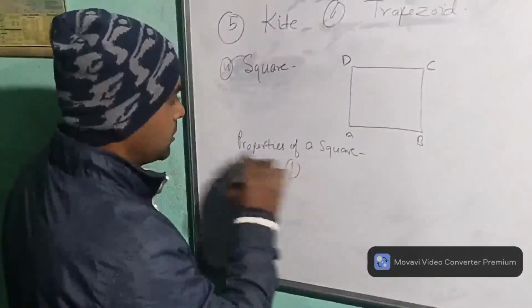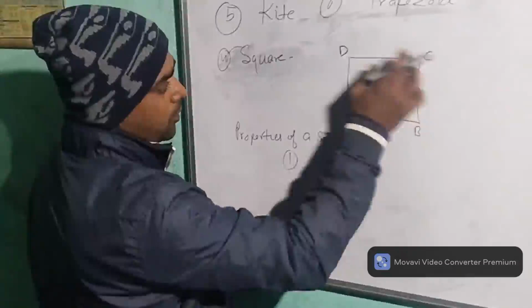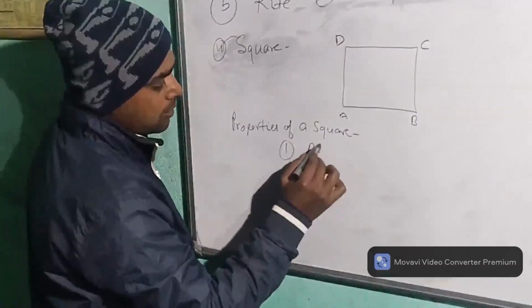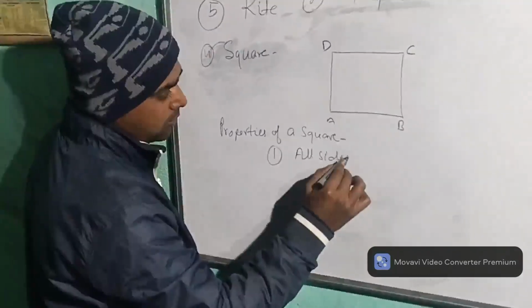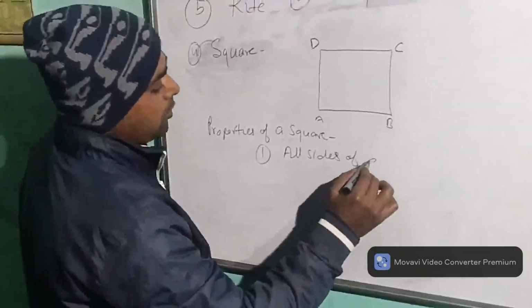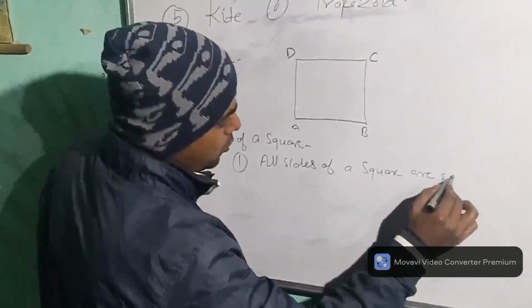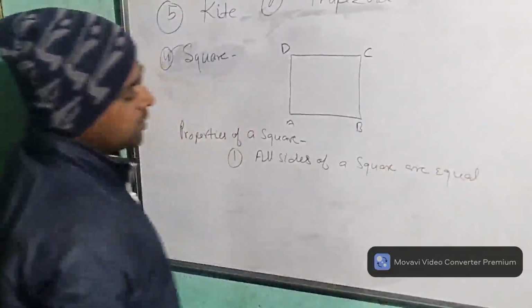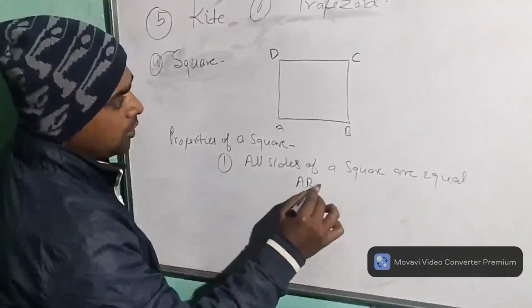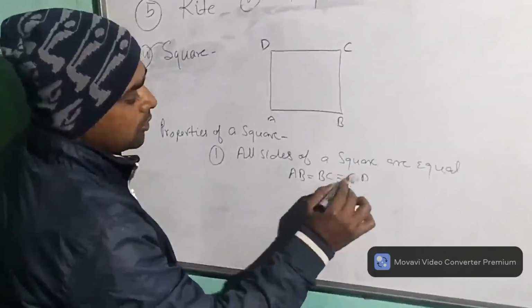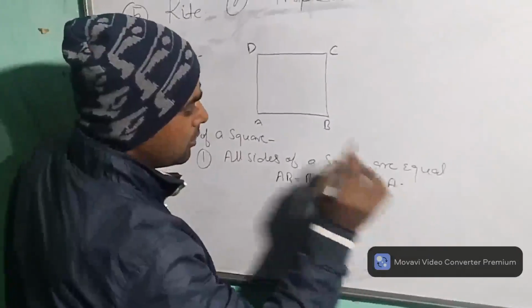First one is all sides of a square are equal. That is AB equals BC equals CD equals DA.